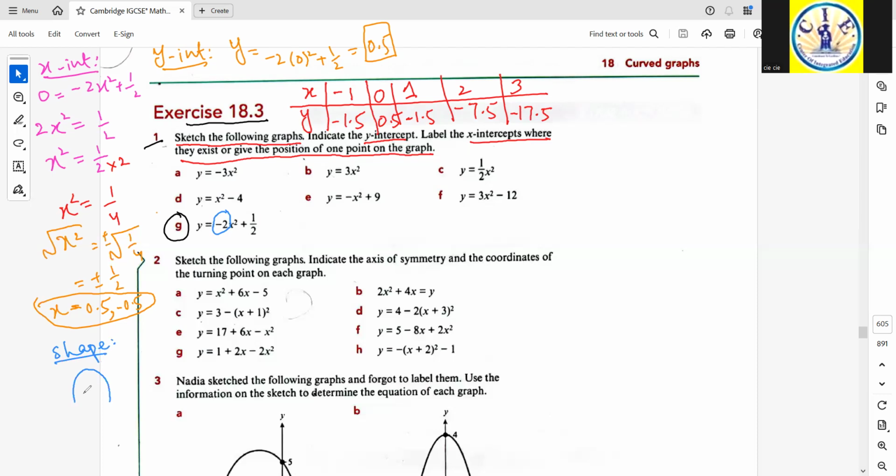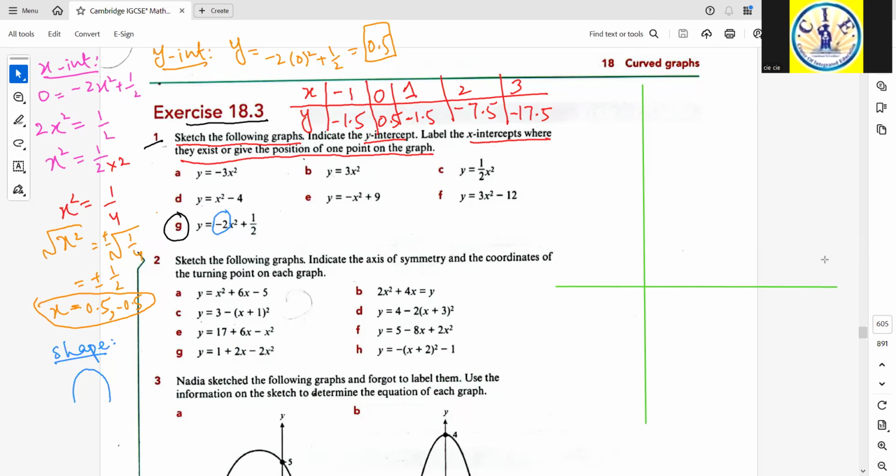Okay, so we need to combine all these results in the form of a sketch. Now we proceed towards sketching the graph. For sketching the graph, let me draw the axes. Here we go. This is our y-axis and this is the x-axis, for example.